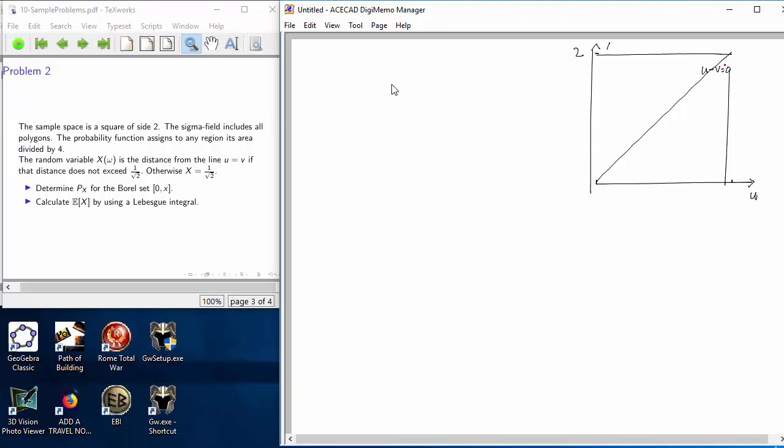And now I can define my random variable. Capital X of omega. Omega is a point in this plane, and the random variable is the distance from the line where u minus v is equal to 0.